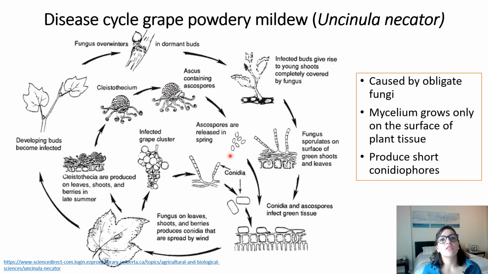This is also an interesting disease because the mycelium of this fungus only grows on the surface of the plant tissue, and it produces small conidiophores. The conidiophores are the ones right here which produce the asexual spores. Asexual spores are conidia, and sexual spores are the ascospores. That's something you need to remember.